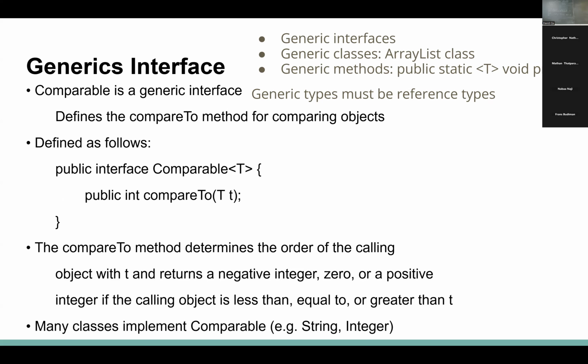If it returns a negative integer, it means less than; if it returns 0, it means equal to; and if it returns a positive integer, it means greater than. That's all you need to be aware of. Just don't output a positive integer for less than. That makes no sense.